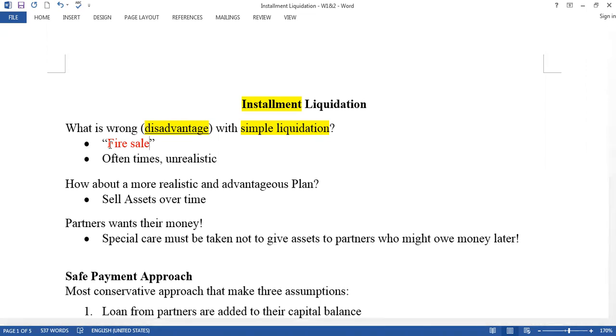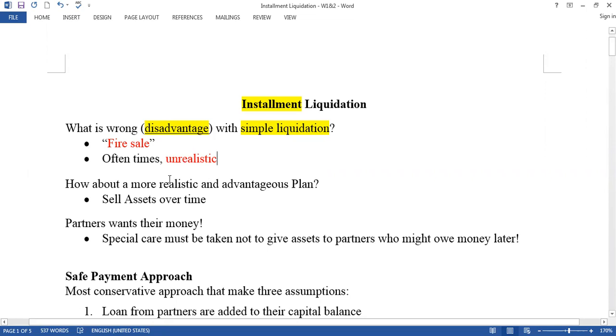We try to sell our assets with a gain, but if we sell very quickly, we may get a loss. This is unrealistic. So the simple liquidation method is unrealistic because we have a fire sale with loss.